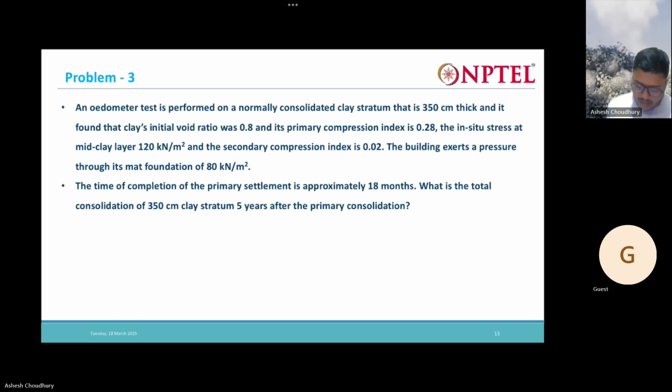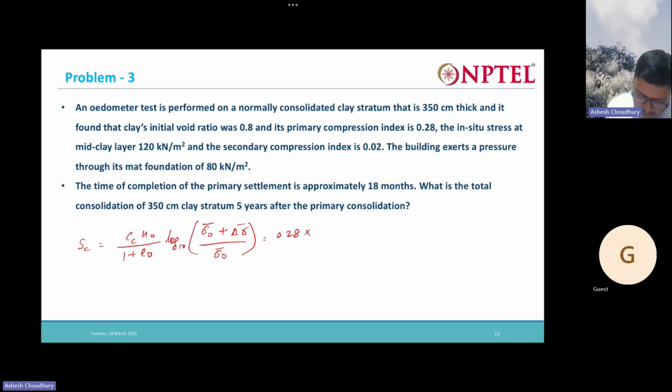So Cc H naught over 1 plus e naught, log 10. Okay. Now what is Cc? 0.28, compression index, right?